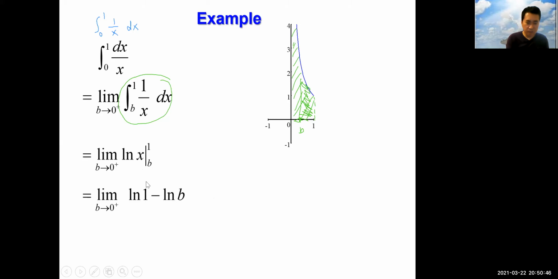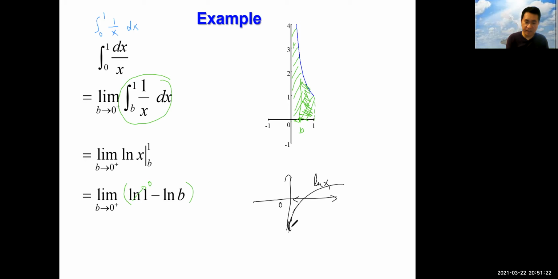Now from there, what's natural log of 1? Natural log of 1 is 0. But as b approaches 0 from the right, you might have to recall the graph of the natural log. The graph of the natural log is this. As x approaches 0 from the right, the natural log gets larger, but in the negative direction.